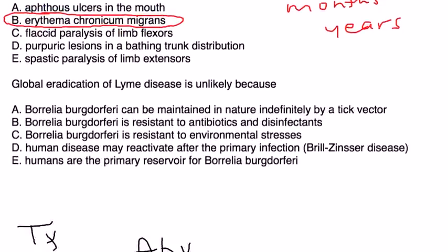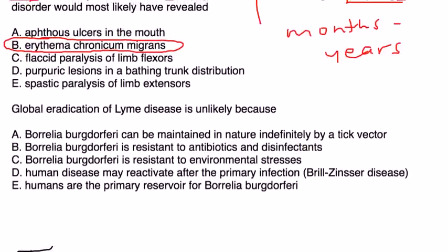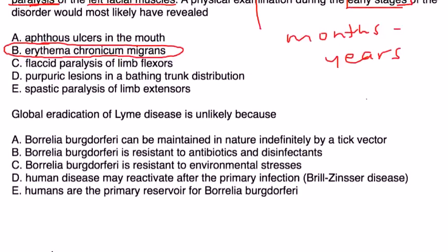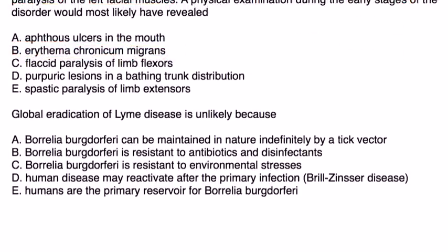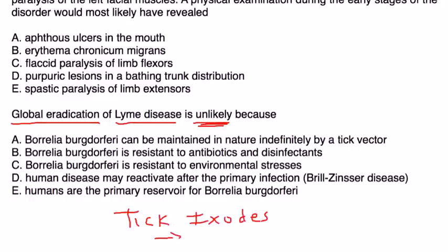And finally, we have an epidemiological question. Global eradication of Lyme disease is unlikely because, if you remember, there's a tick called Ixodes, and it transmits the spirochete, Borrelia burgdorferi, and the tick acts as a reservoir for that organism.